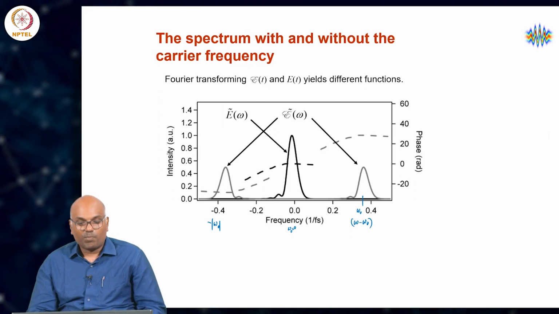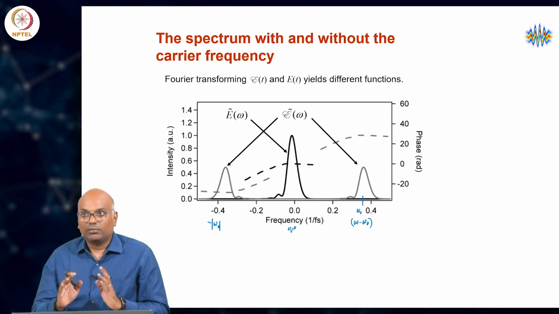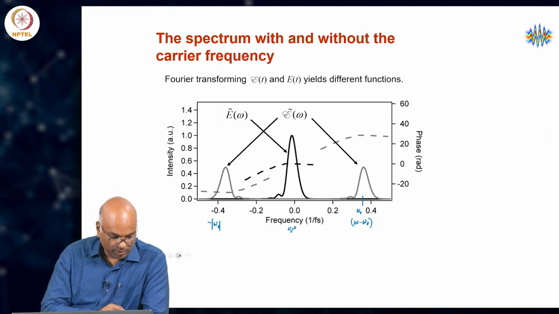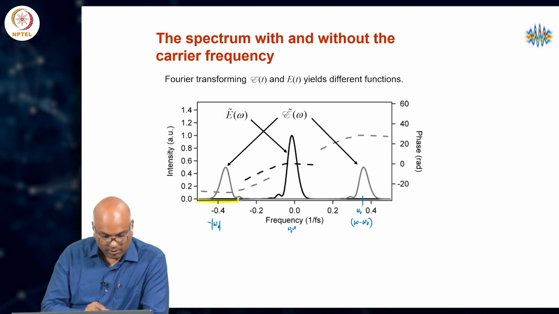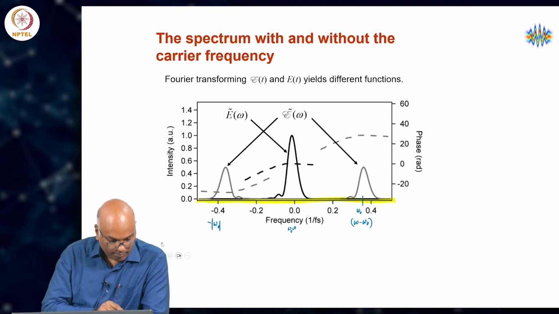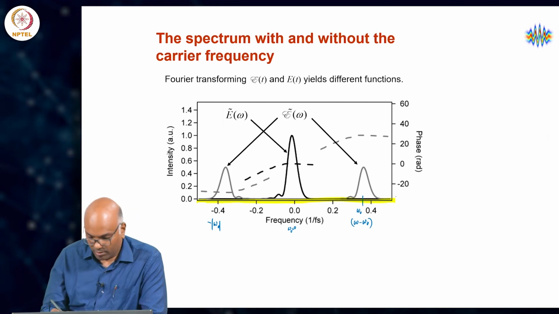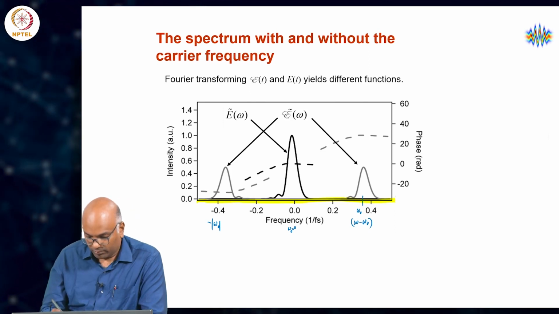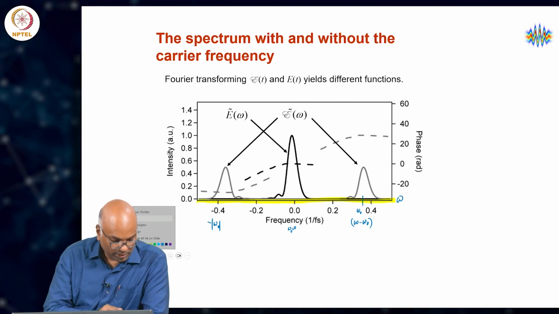But then watch this figure carefully and we will close with this, an all important plot. On the horizontal axis you have omega. Here there are two vertical axes.